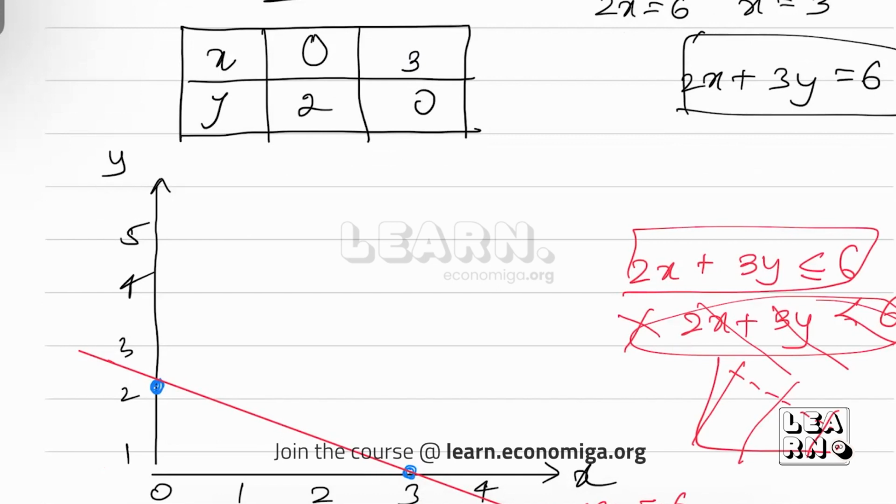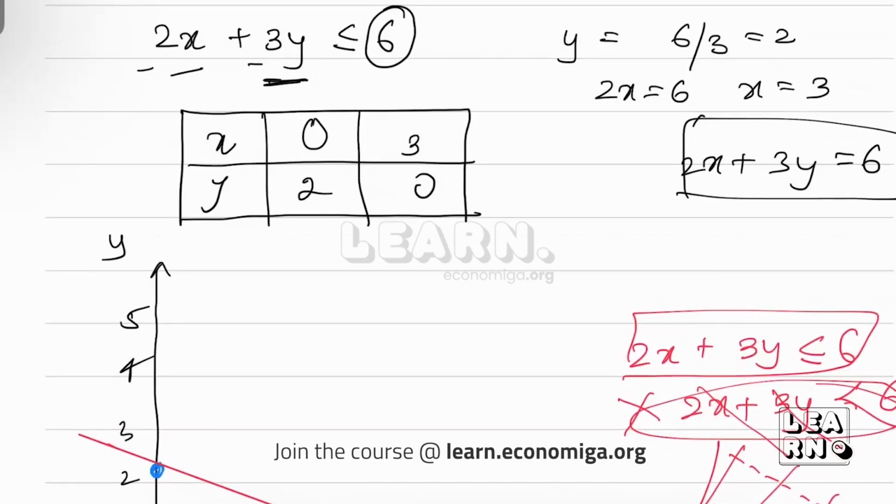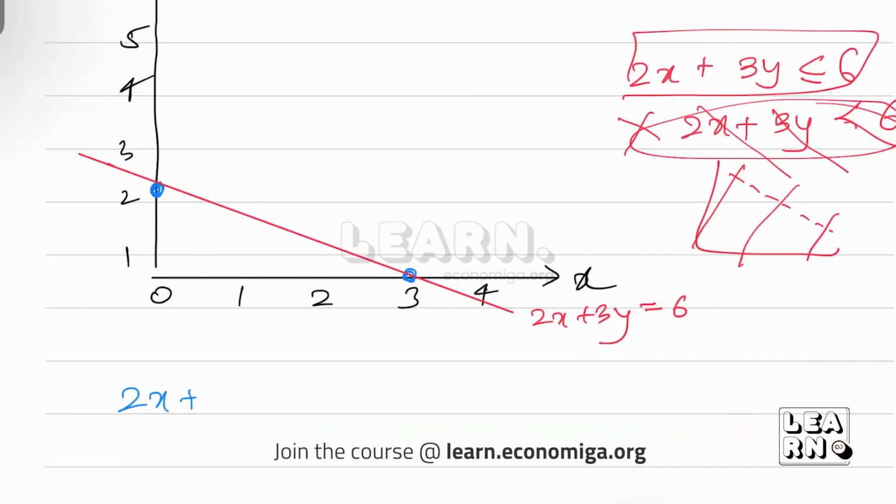Now, how do you shade an inequality? We have done that in class 11th mathematics. If not, I'll just remind you. You take the inequality 2x plus 3y less than or equal to 6. For plotting purposes, we assumed it to be an equality, but now we are back to square one where it was an inequality. You assume there is a point (0, 0), which is just the origin.